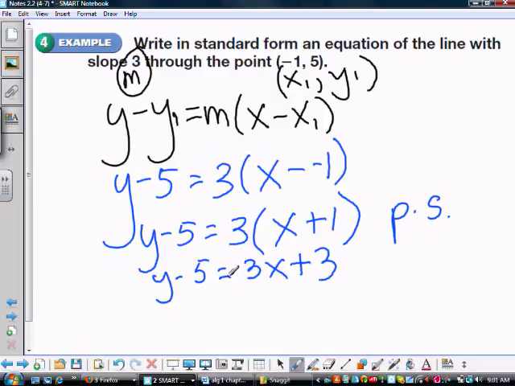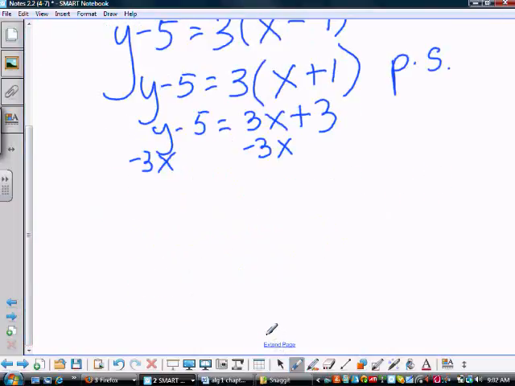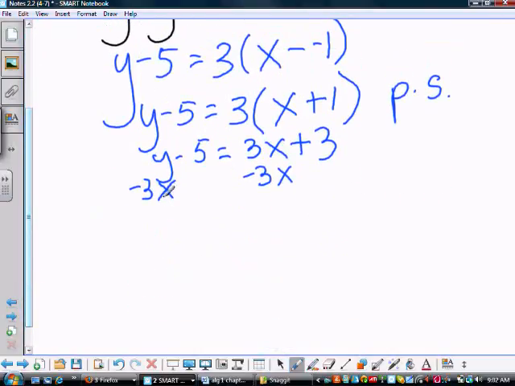I want my x's on the other side, so I will subtract 3x from both sides and get negative 3x plus y minus 5. Just put the negative 3x on this side with the y minus 5. On the right side, the 3x is gone, so all I have left is a 3.